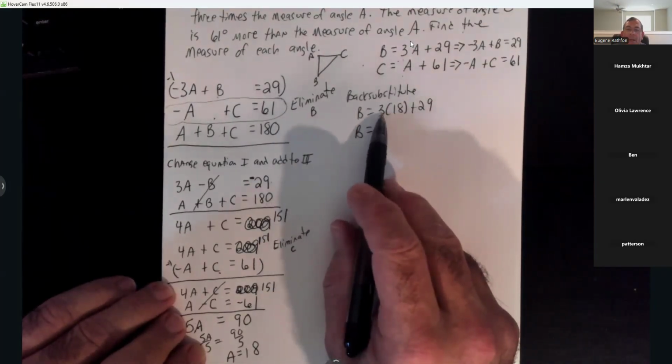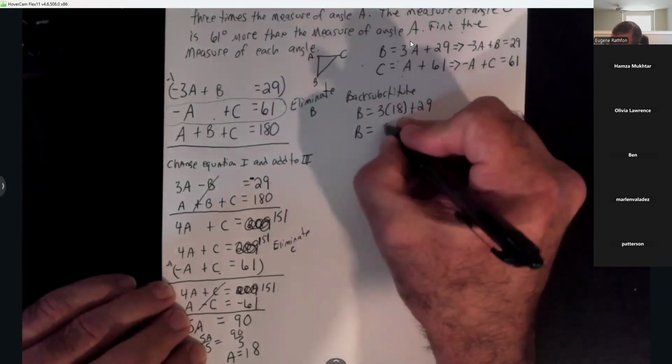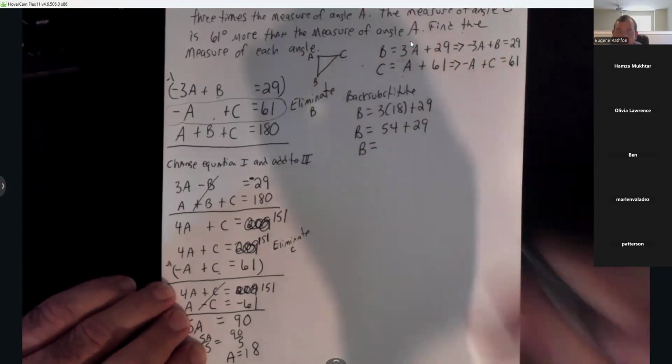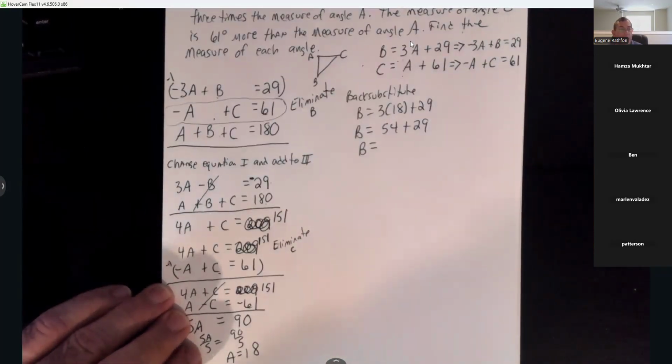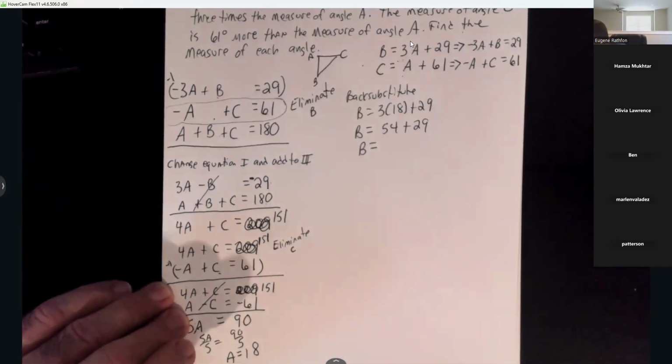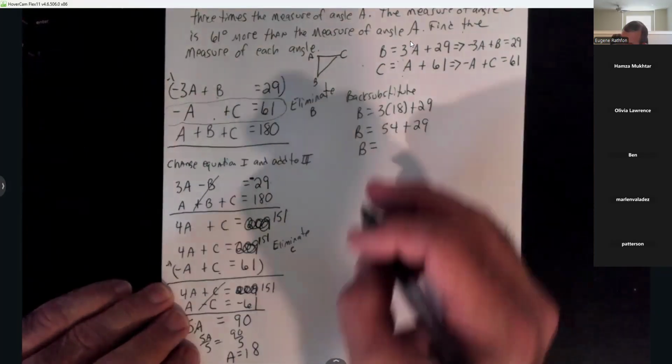All right, y'all, what is that? 3 times 18 is what? 54 plus 29. All right, y'all, so what y'all getting on that? 54 plus 29. 83, that sounds good.